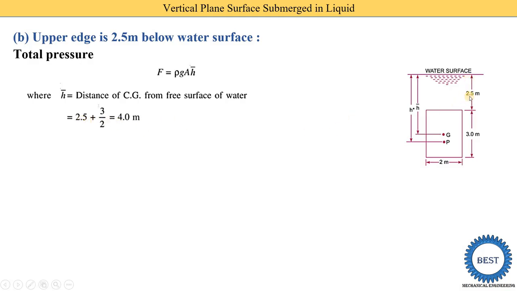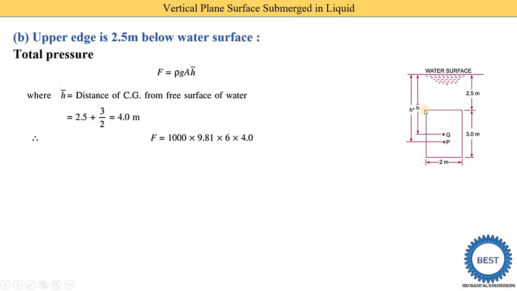This is 2.5 plus the depth divided by 2. So 3 divided by 2 is 1.5, plus 2.5 is 4 meters. Now we put in these values: rho is 1000, G is 9.81, A is 6 and H bar is 4. I hope you can understand this H bar.